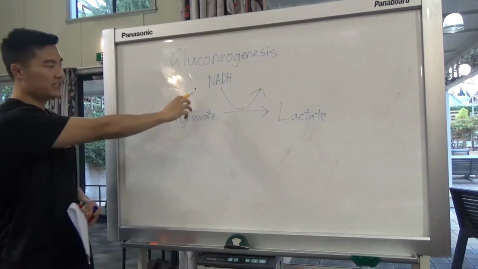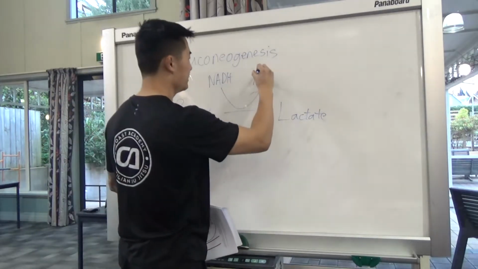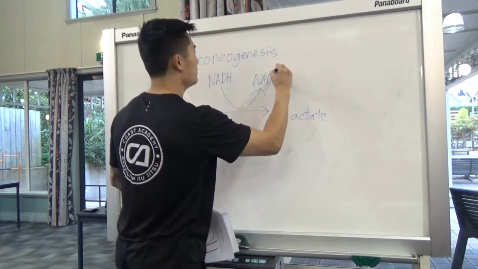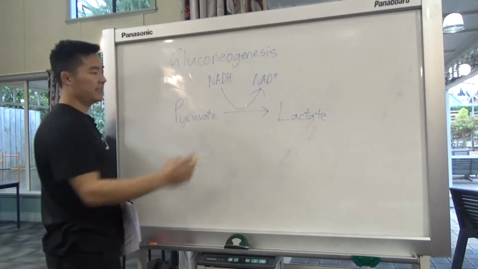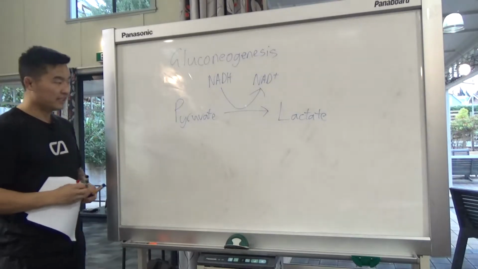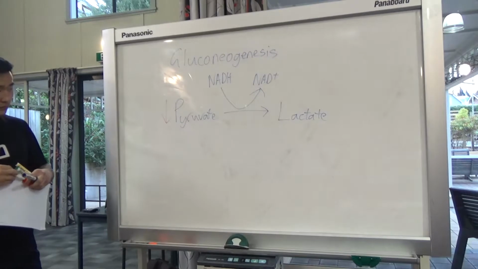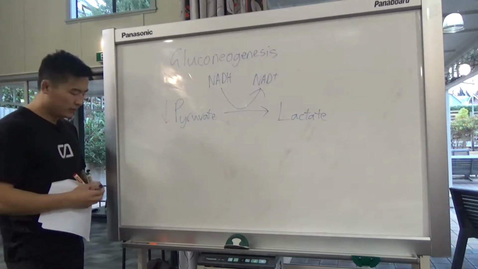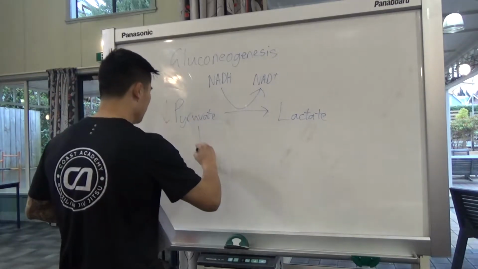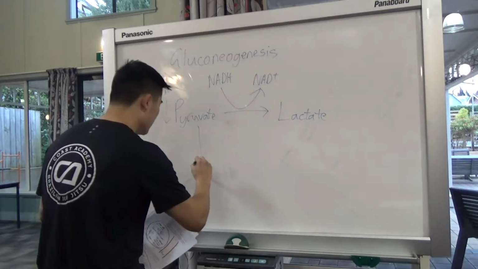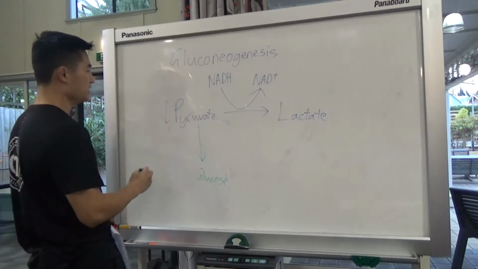So you've got lots and lots of NADH in the cell, so we want to get rid of it. So that's going to drive this reaction to the right to try and regenerate NAD+, and that means that the level of pyruvate in the cell goes down, and if the level of pyruvate goes down, then we are not able to convert this pyruvate into glucose.